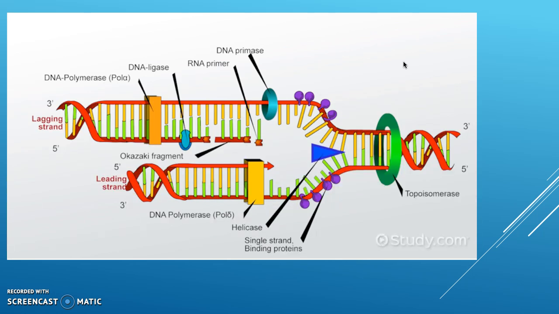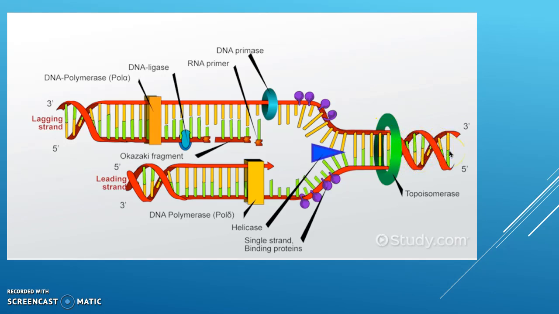So here we have a depiction of the replication fork where DNA replication is occurring. We begin over here, but this part of the DNA is still tightly supercoiled. So in order for replication to begin in this area here, we have to unwind the DNA, and topoisomerase is the enzyme that helps unwind DNA.